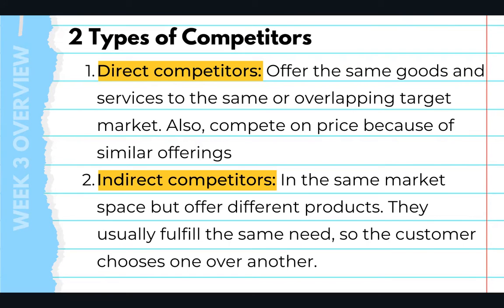And then you have indirect competitors, which is slightly similar but different. Indirect competitors are in the same market space, but they offer different products. They usually fulfill the same need, so the customer chooses one over another.